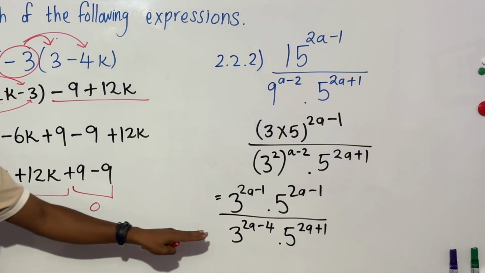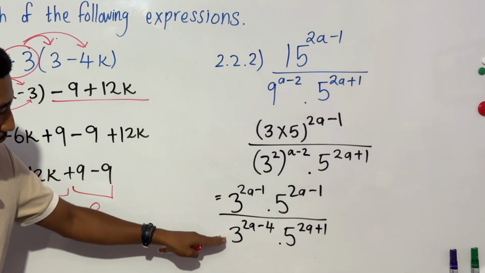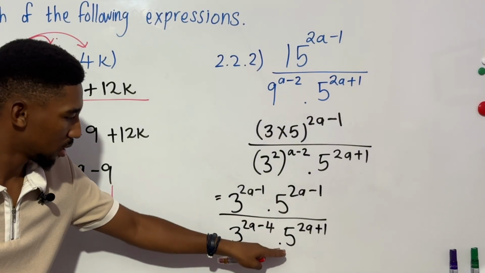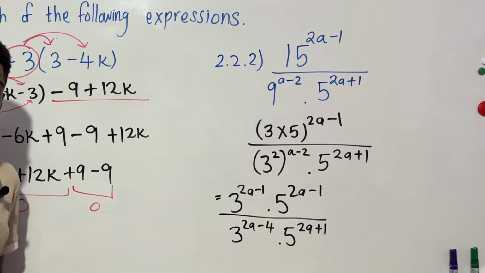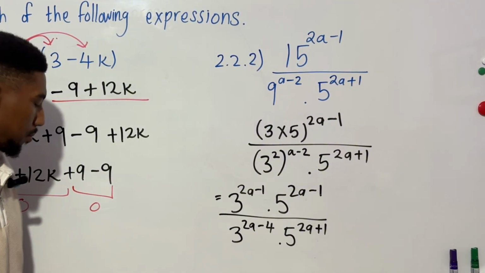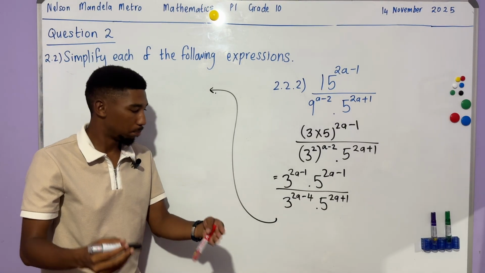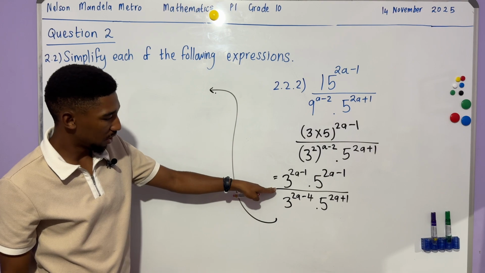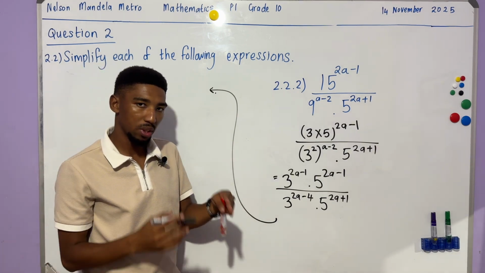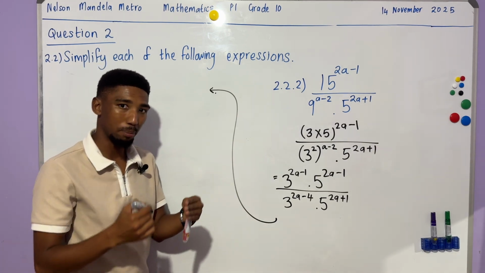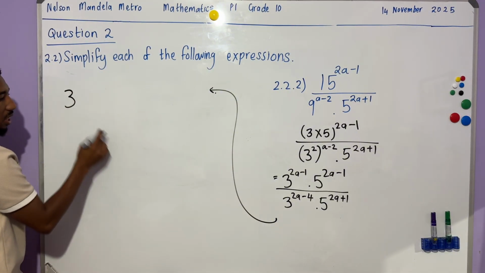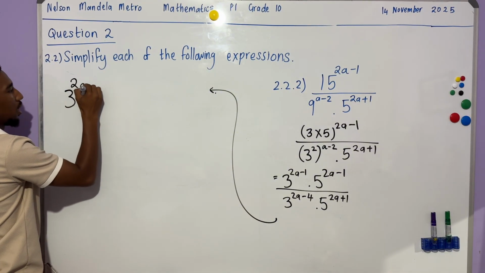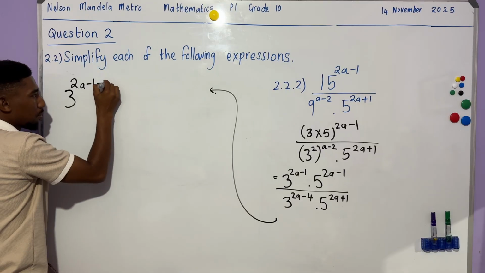Now what's very important over here, we have same base, same base, same base, same base. We have taken the correct route, shall we say. Now that we have the same bases, we know that the division sign means once we divide the same bases, we subtract the exponents. So now I have the base of 3, the exponent of 2a minus 1, and I subtract.